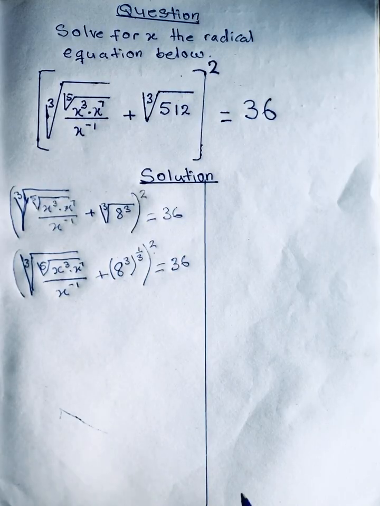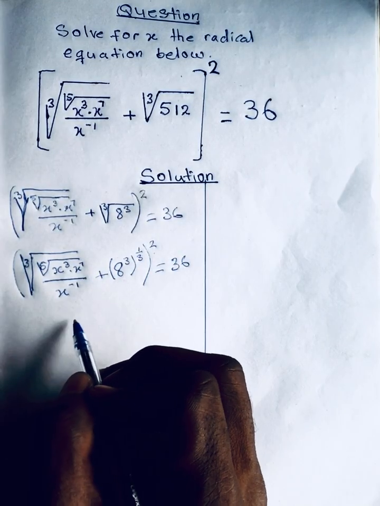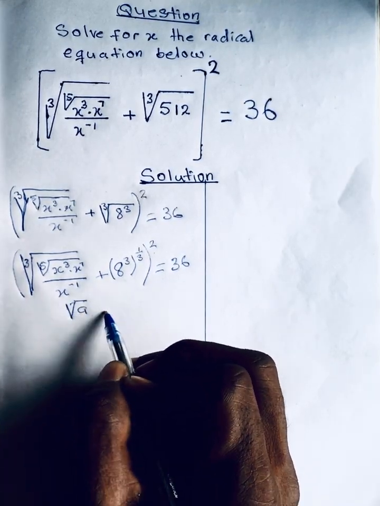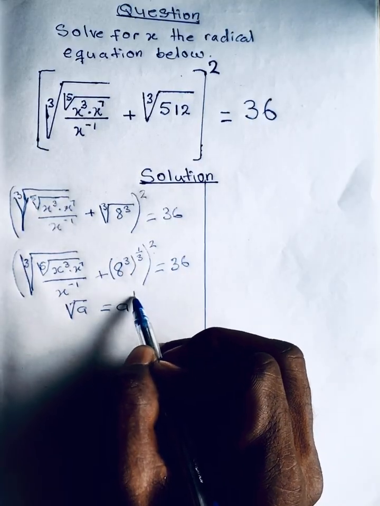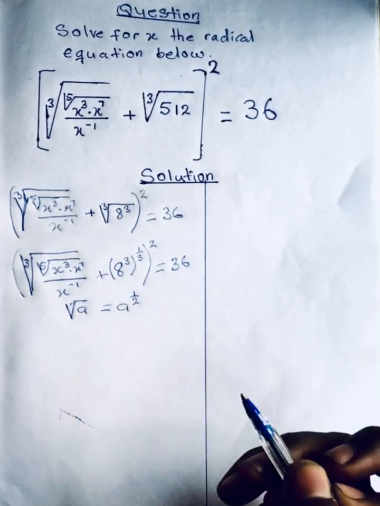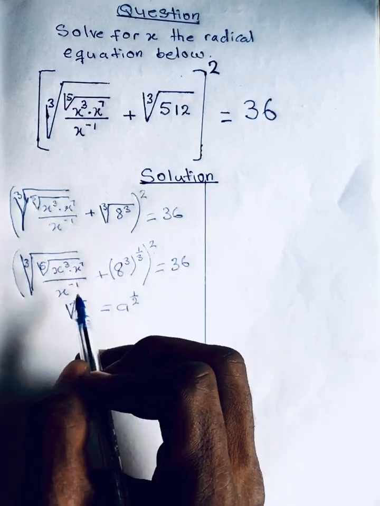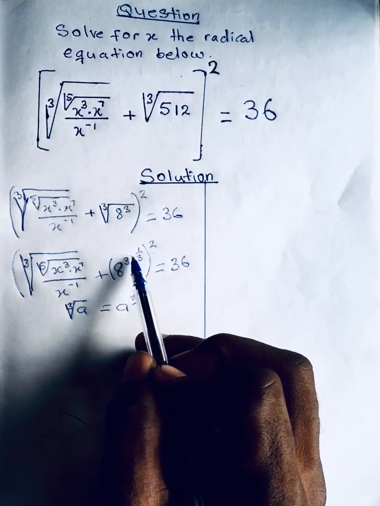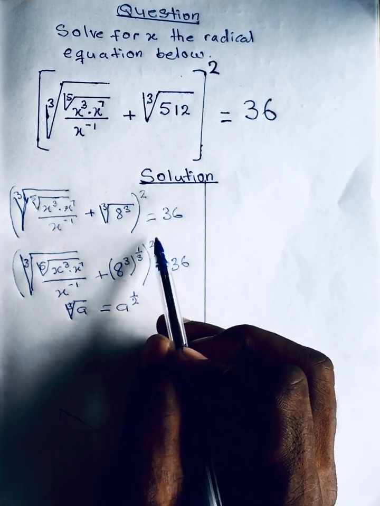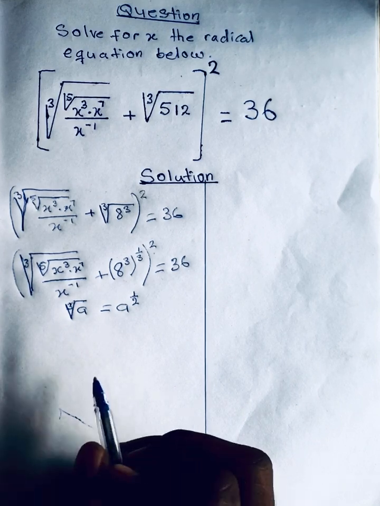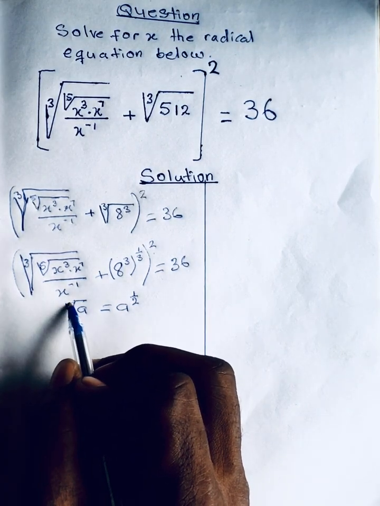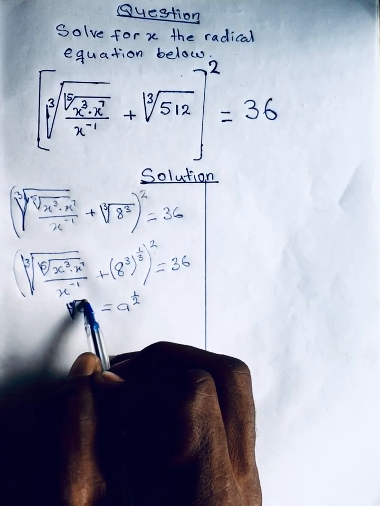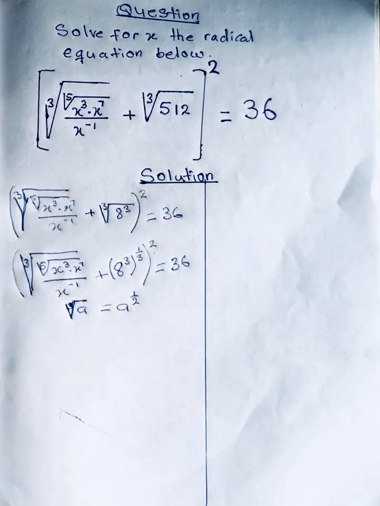This is because in the laws of indices, when you have root a, this will give us a to the power of 1 over 2. And in this case, we have the cube root, so it will be a to the power of 1 over 3. But here there's nothing, so automatically it's 2. So that's why we raise to the power of 2.